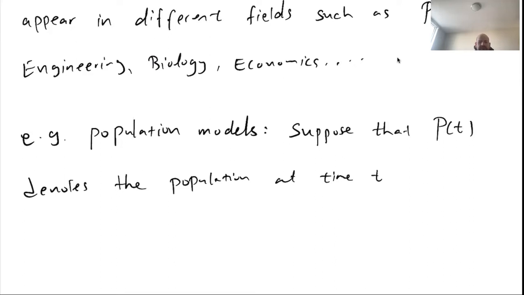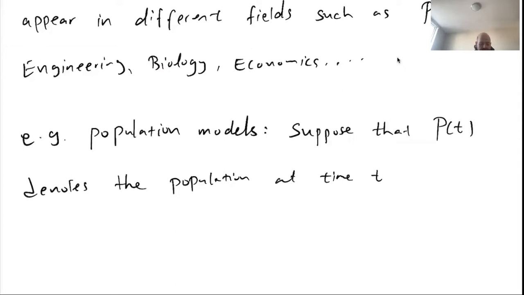So let's say t is the independent variable and P is our function, then P of t denotes the population at time t. Now this population could be population of anything. It could be population of people, or in biology it could be population of bacteria or any other type of population.